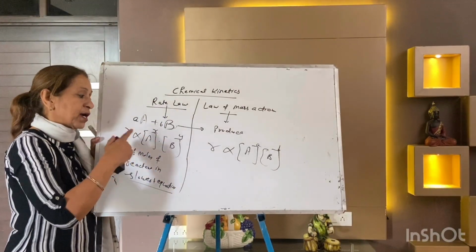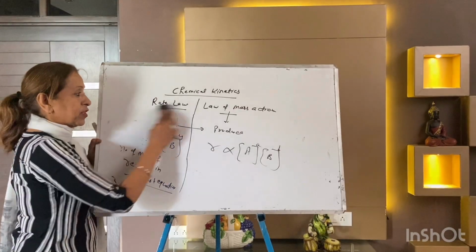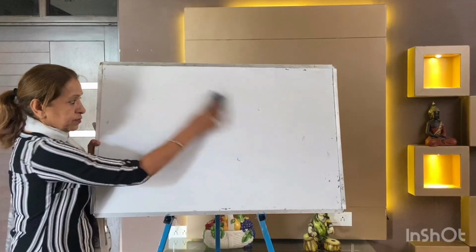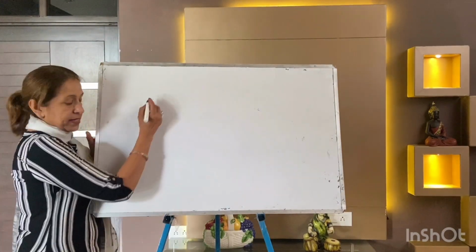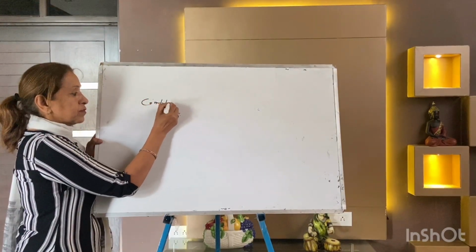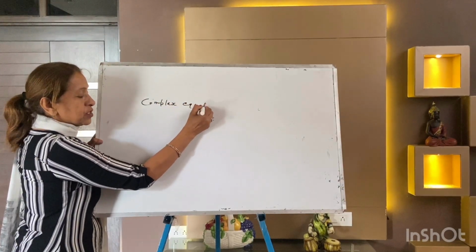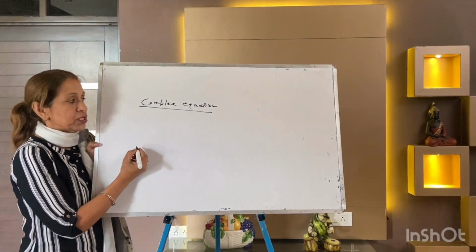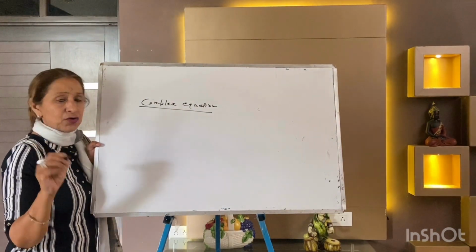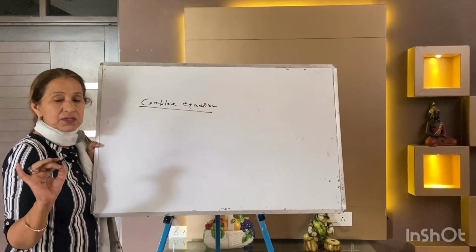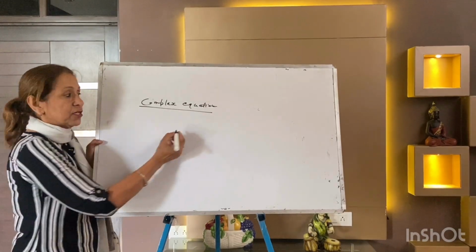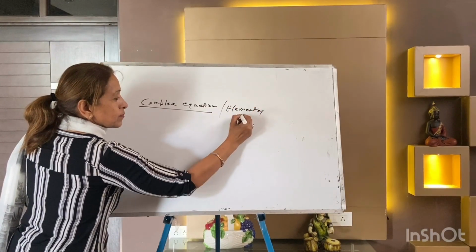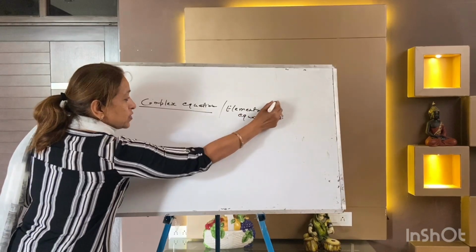We will soon come to X and Y, but before that, write down complex reactions. Now students, what is meant by complex reactions? Today your topic will carry a number of small topics: complex reactions, elementary reactions. What is the base of this chapter?